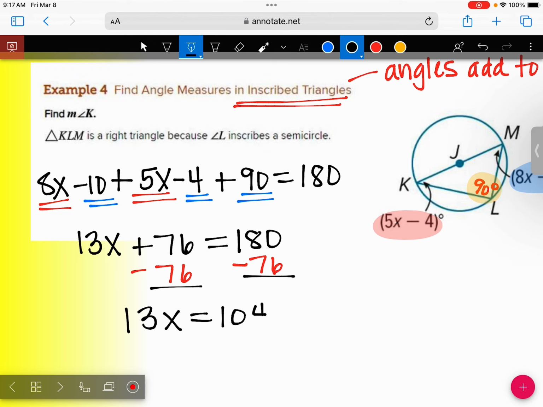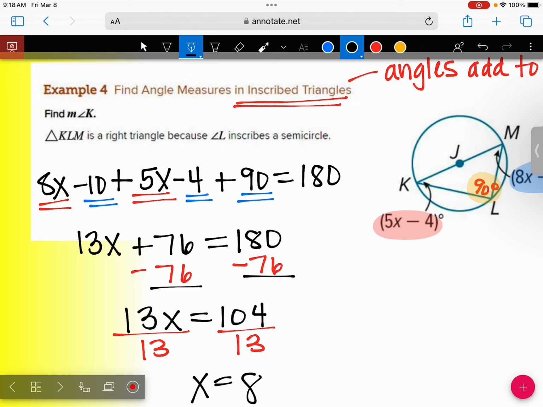And you should get 104. And then your last step is divide both sides by 13. So go ahead and do that and get your x value. So what do we get for x? 8.